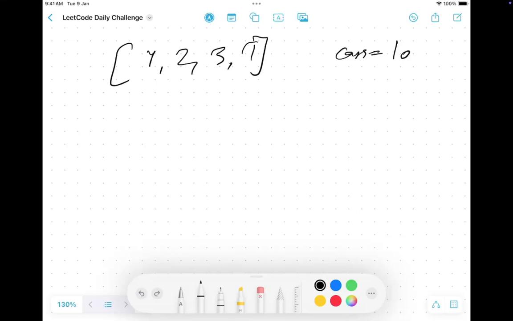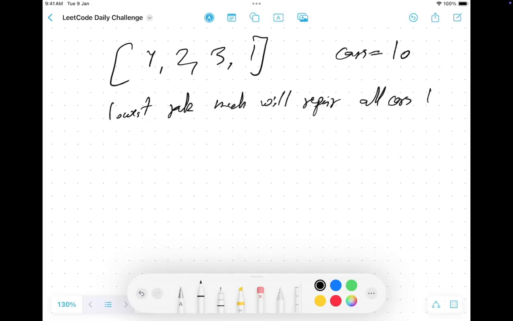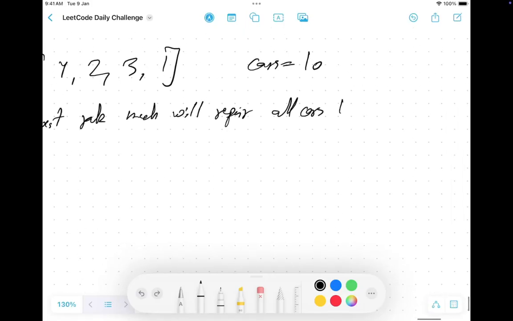If only the lowest rank mechanic repairs all the cars, right? It will take rank multiply n square minutes, so let me change the color and write it here. It will take him r cross n square minutes.